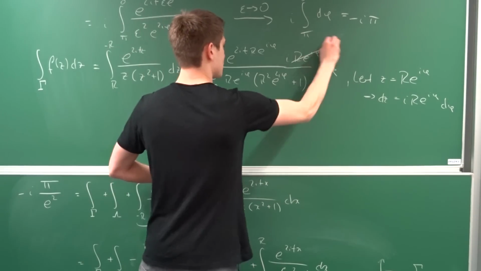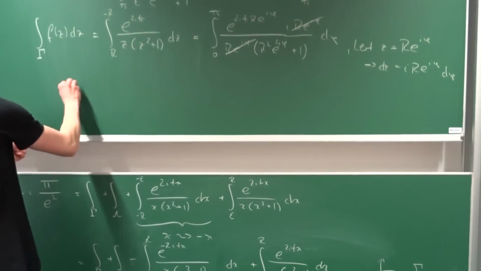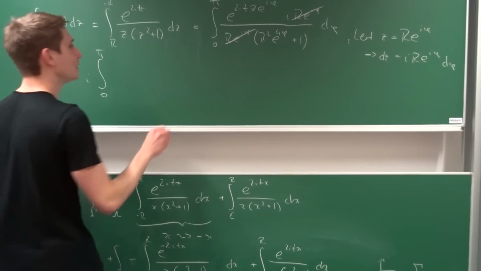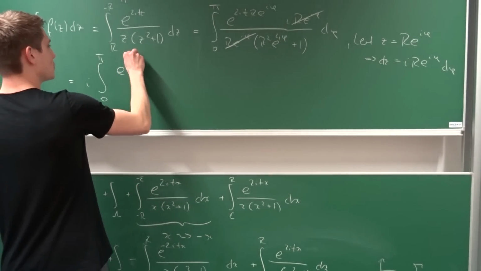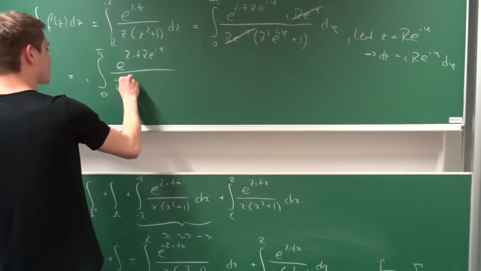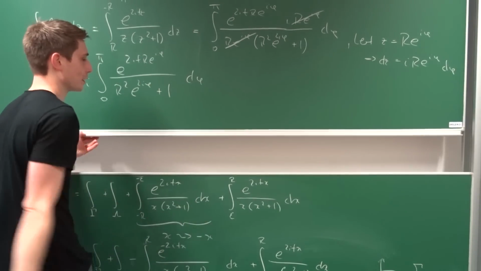Great. Once again, some stuff will cancel out, so that's great. We can bring this I to the front and see what we get. This is now equal to I times the integral from 0 to pi, what a great rhyme, e to the 2it r e to the I phi over r squared e to the 2 I phi plus 1 d phi.